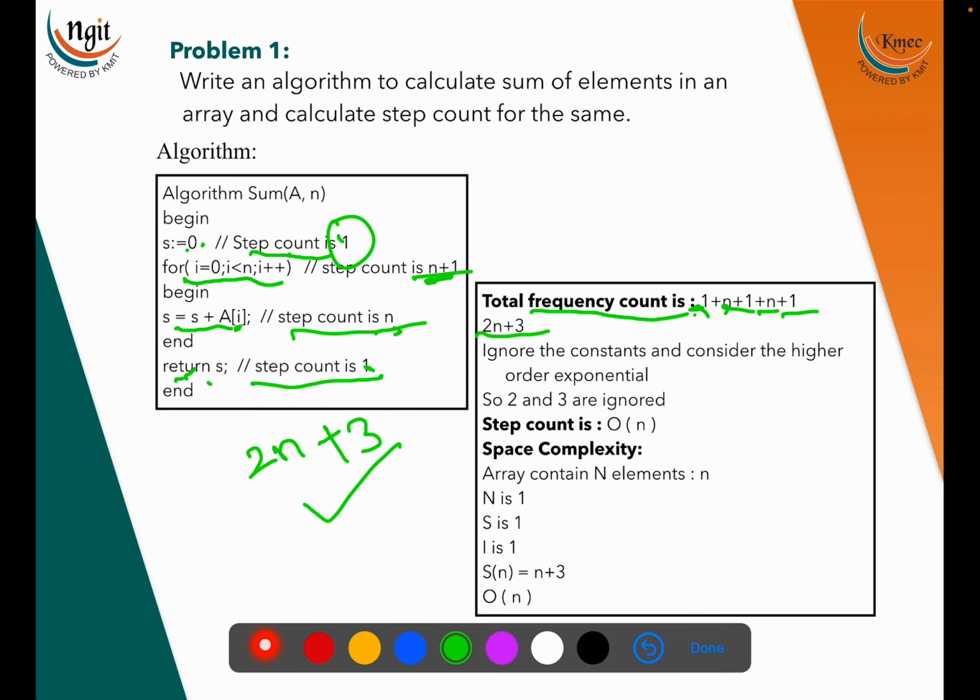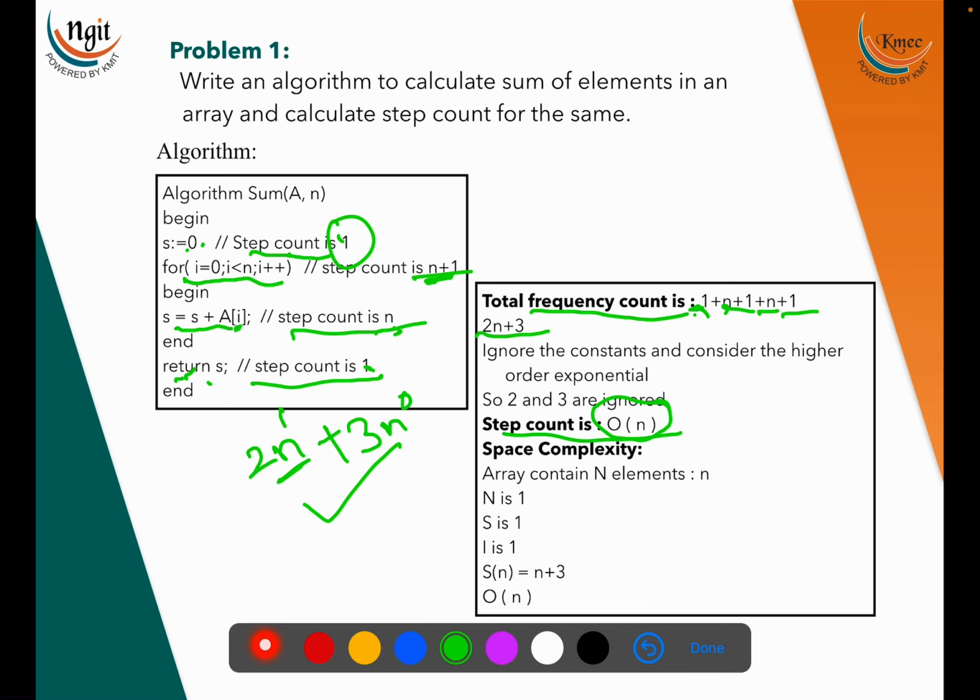So finally we write the step count as big O of n, because of higher order priority. This is 2n power 1 plus 3n power 0. Now n power 1 is the higher order, hence the step count is big O of n.